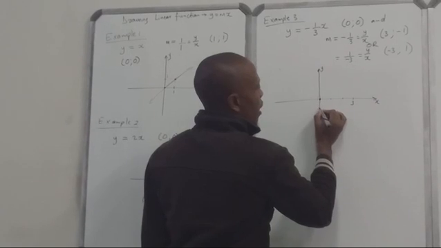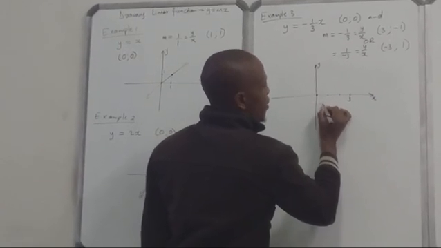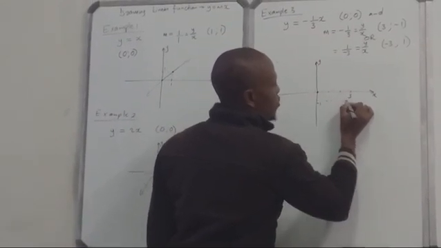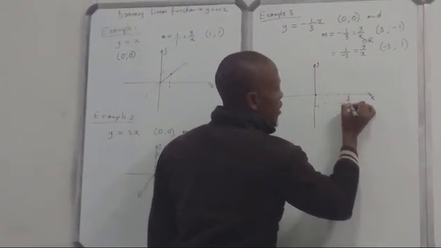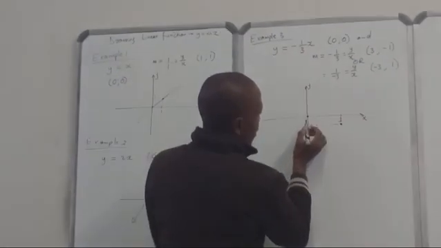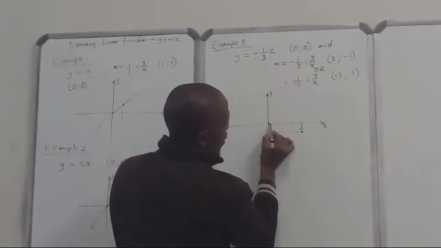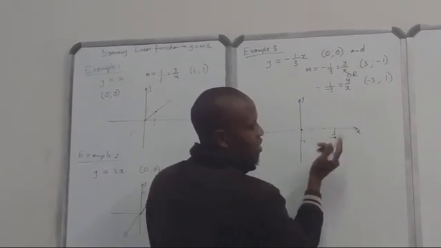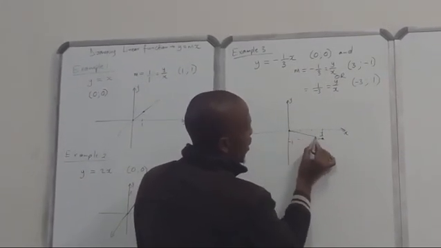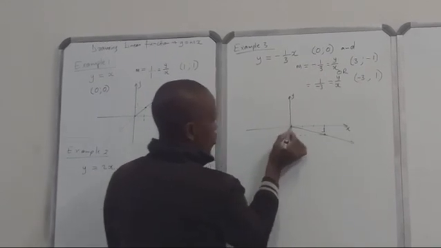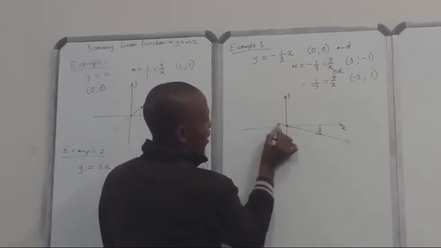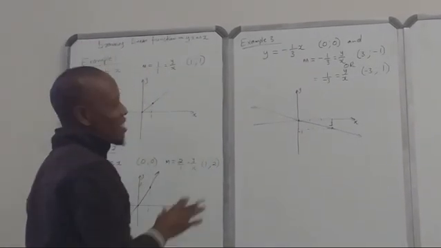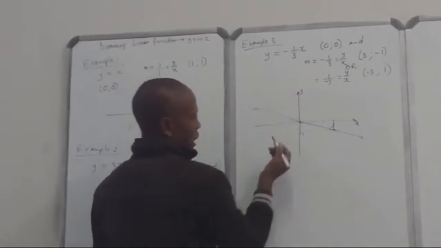This is negative 1. Where they intersect, you have your point. Then you can draw your line. I want a nice straight line. My line is not so straight, but it's supposed to be a straight line.